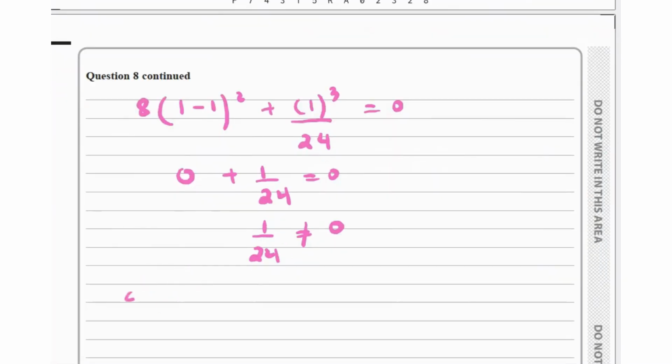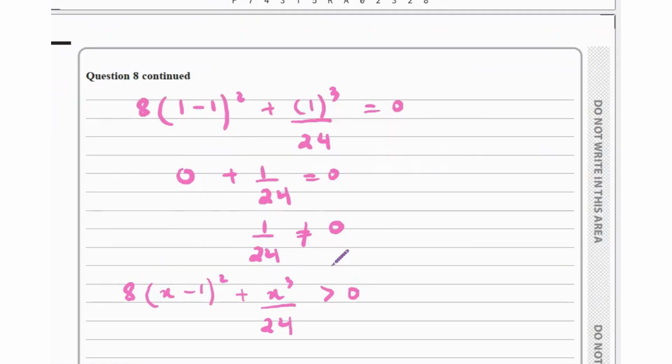Hence, 8 times (x minus 1) whole squared plus x cubed over 24 is greater than 0. If they were intersecting, it would be equal to 0. Both sides would be 0, which means the x cubed over 24 part would also be 0, not 1 over 24.